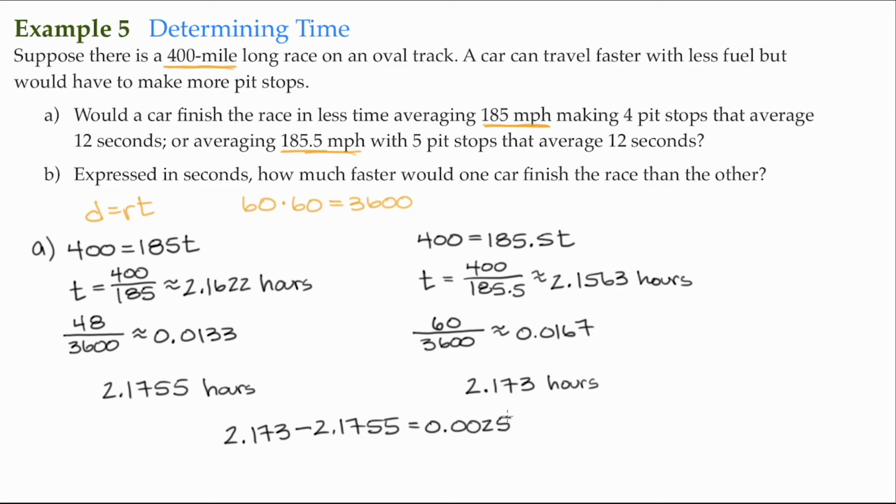Well, how much is that in seconds? Well, there's 3,600 seconds in an hour. So we'll just multiply it by 3,600 seconds. And that's 9 seconds faster. So the second car here was 9 seconds faster than this one. And there we go.